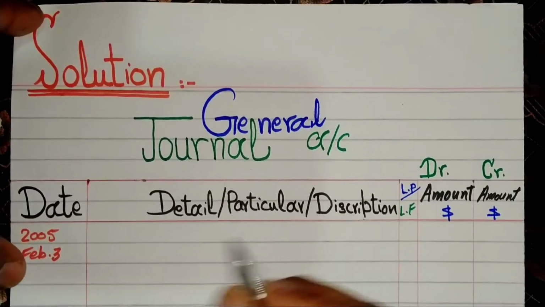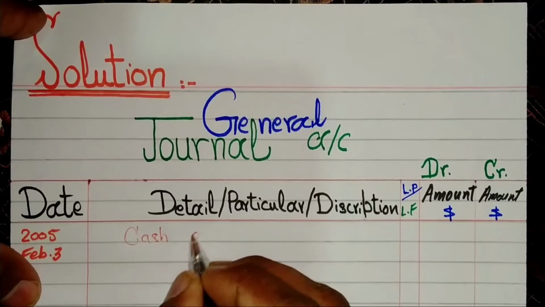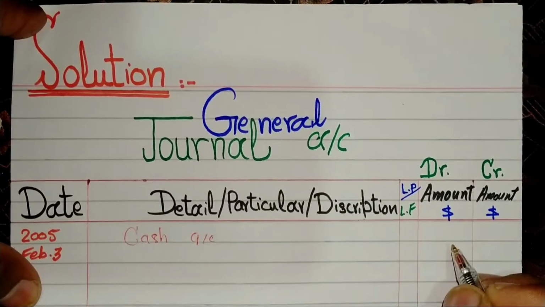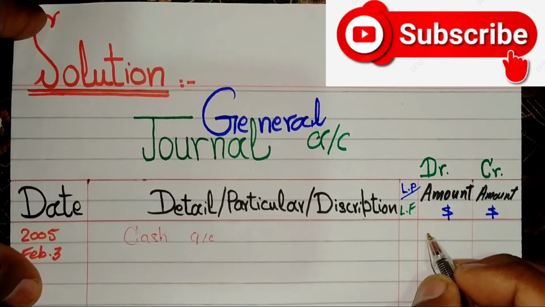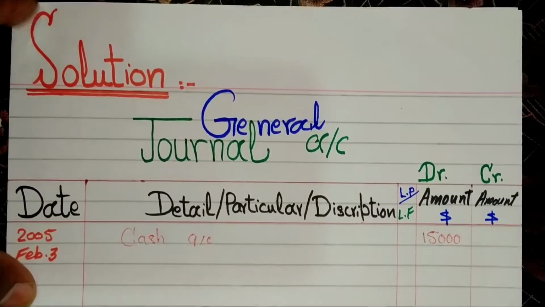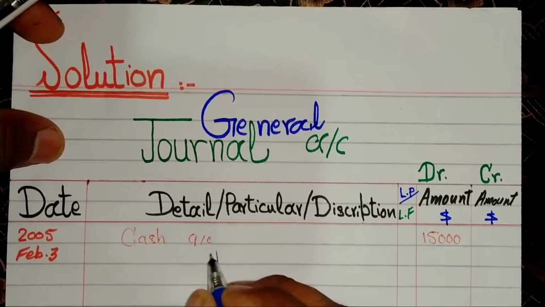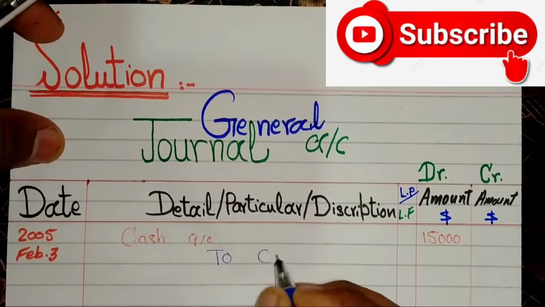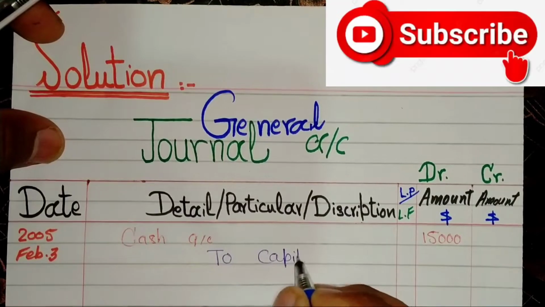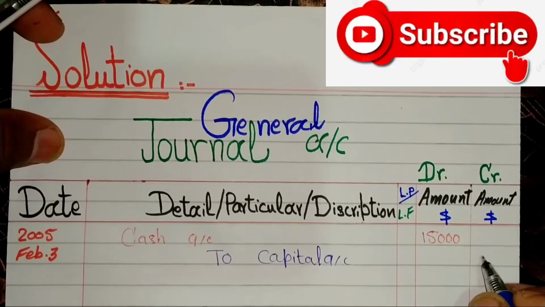The entry of the first transaction is cash account debit with amount $15,000, to capital account credit, with amount $15,000.